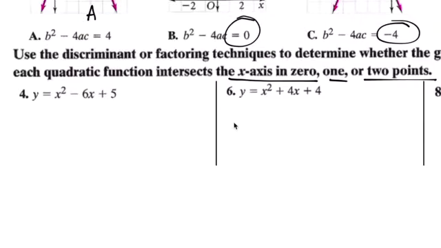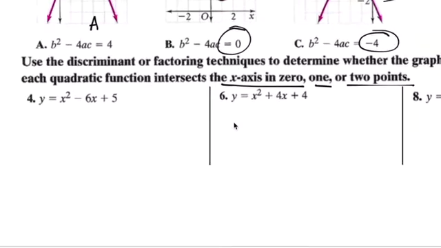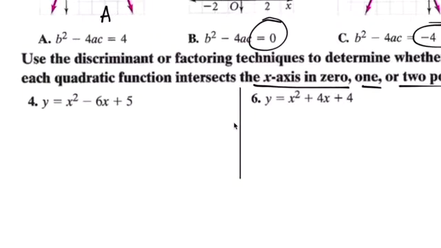Anyways, no solution means it doesn't intersect at all. Okay. Anyways, the discriminant is b squared minus 4ac, right? And b here is negative 6.